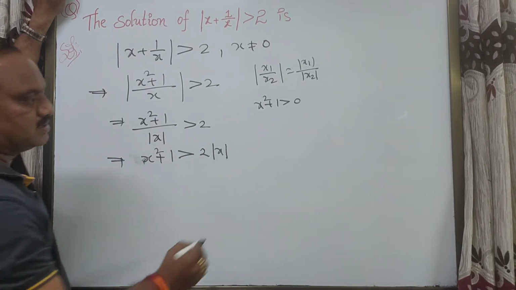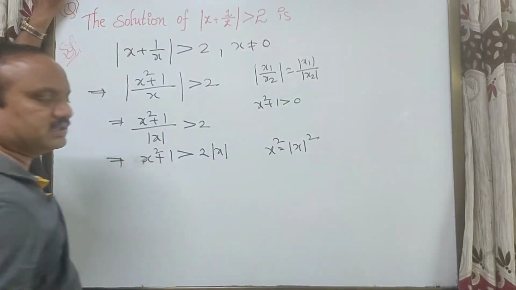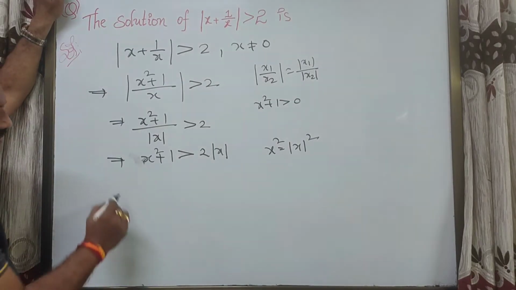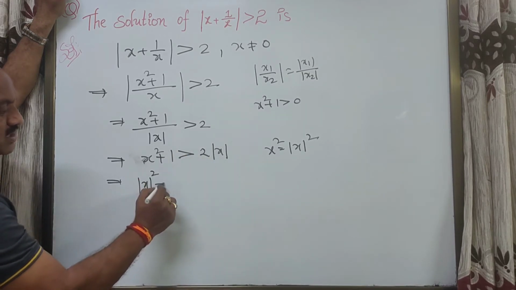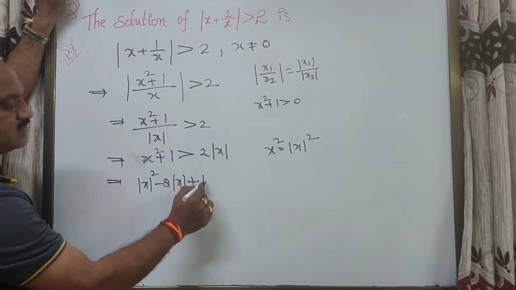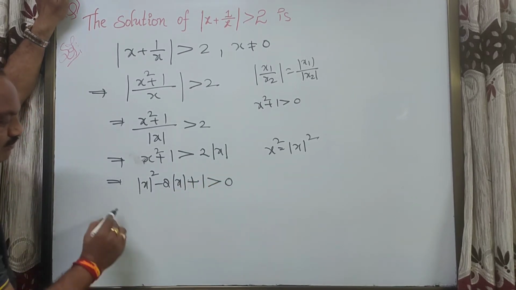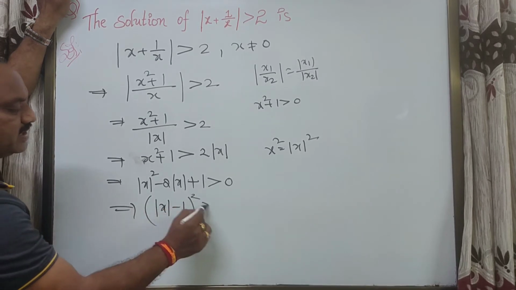Now students, we write x² as |x|² . Nothing wrong. So in place of x² we write |x|². Bring this to this side: |x|² - 2|x| + 1 > 0, which is equal to (|x| - 1)² > 0.